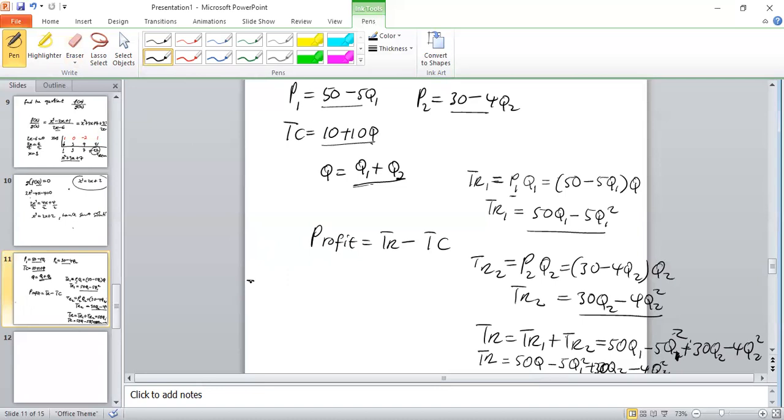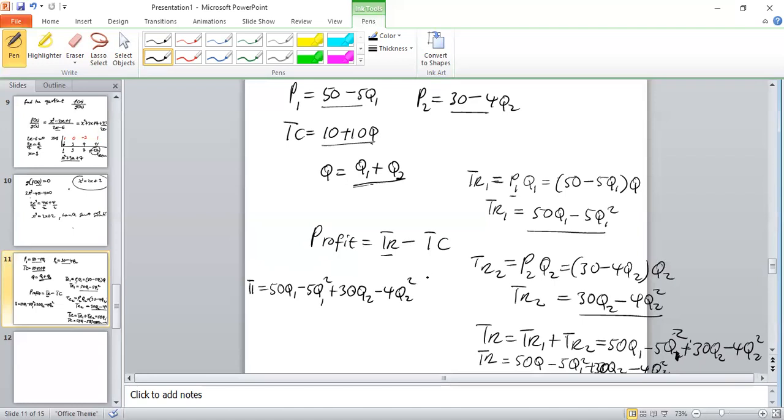So it means I have to start with this function, 50Q1 minus 5Q1 squared plus 30Q2 minus 4Q2 squared, the total revenue.